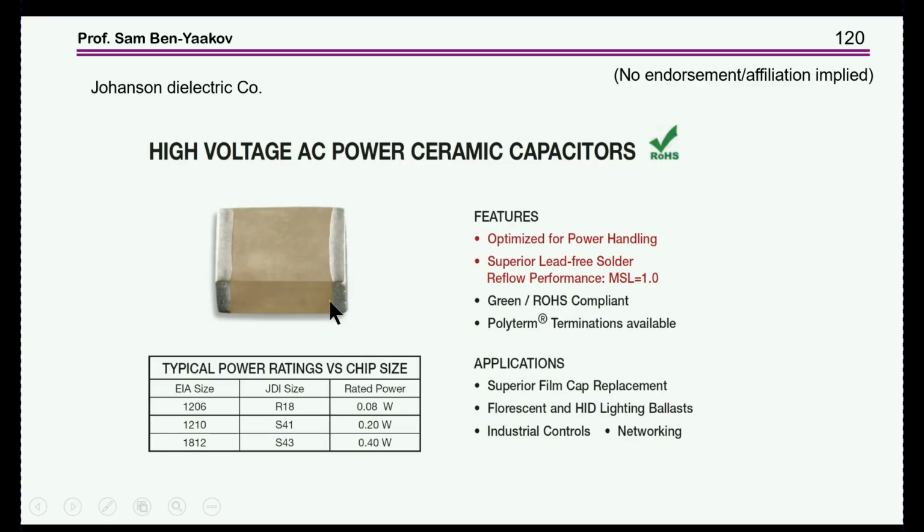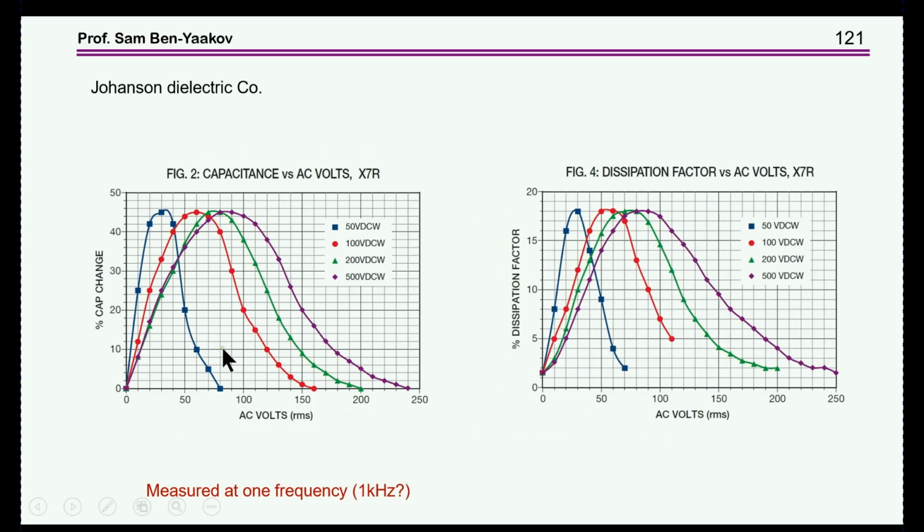Another company that gives this information is Johnson Dielectric. And here it is. Again, we see the capacitance change as a function of AC excitation. Again, this will be very important for resonant converters, because you have large excitation and you'd like to know what the equivalent capacitance is for the large excitation.